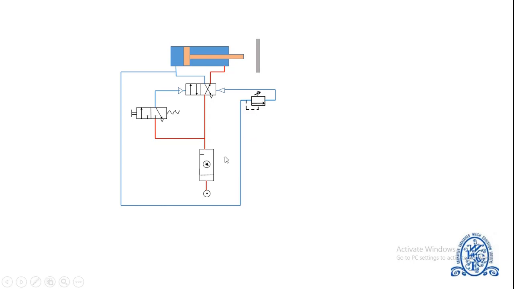The components in the circuit are compressor, FRL unit, 3x2 push button valve, 4x2 direction control valve, double acting cylinder, and a sequence valve. A sequence valve is set at a higher pressure than that required for normal extension. In sequence valve, the dotted line represents the pilot signal, and this is the plastic sheet on which the logo is to be imprinted.